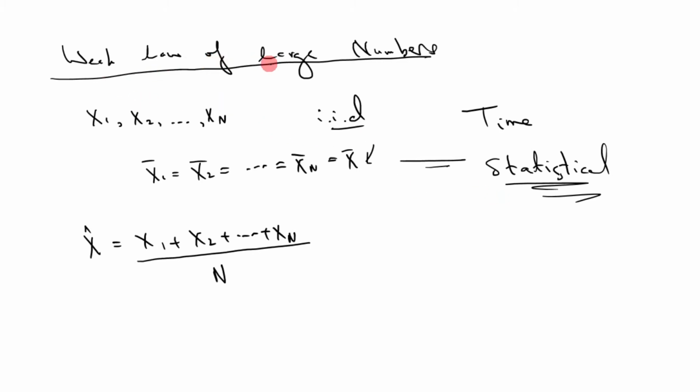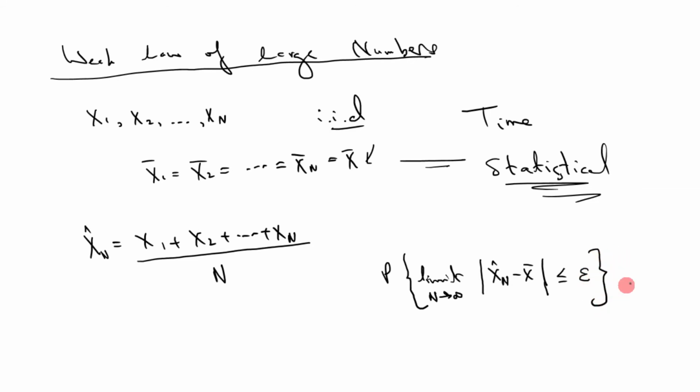Then the weak law of large numbers states that the probability of the error between time average and statistical average being less than or equal to epsilon holds in the limit n tends to infinity. That means if the number of random variables is large, then the error between this time average and the statistical average is within the range epsilon.